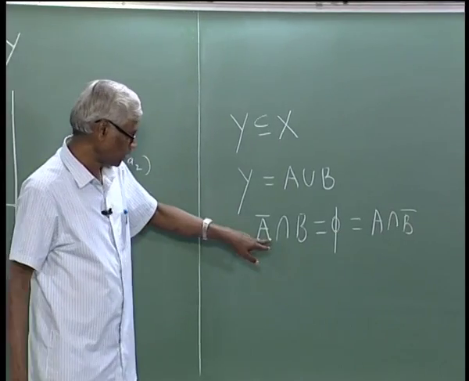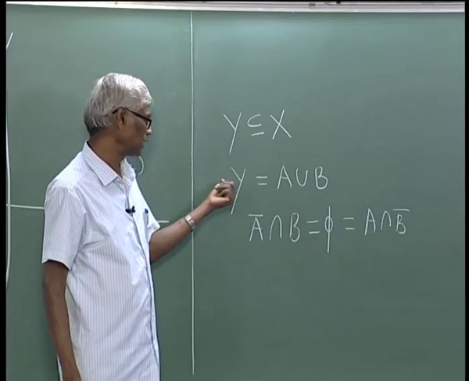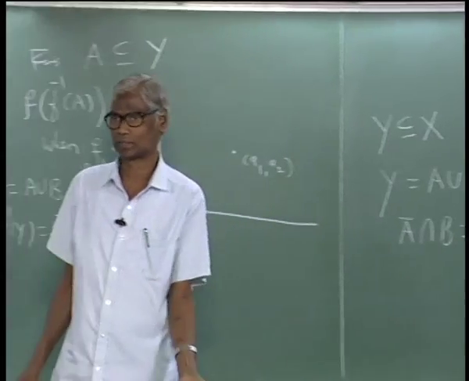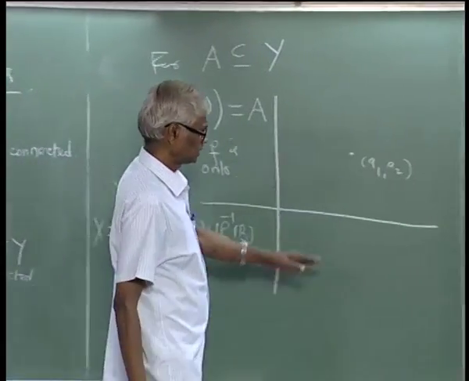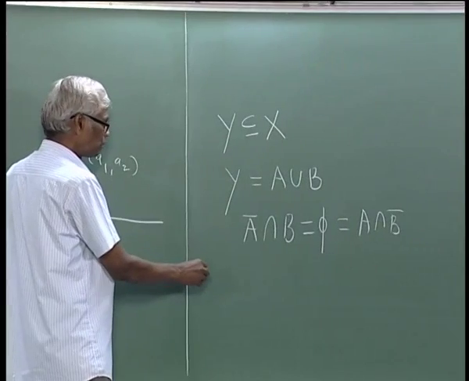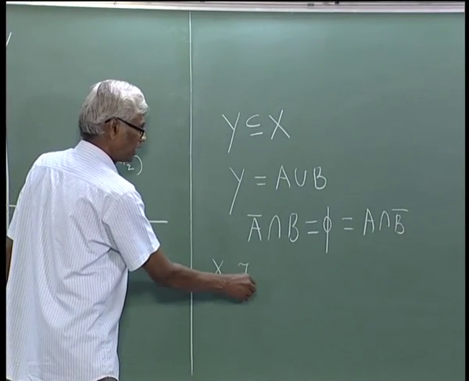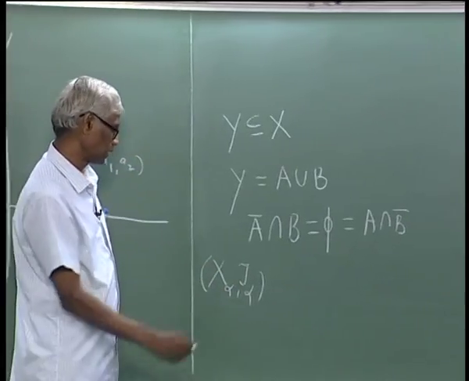If there is a non-empty subset having this property, that means you have proved that Y has a separation, that means Y is disconnected.